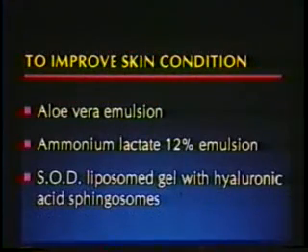When we mention skin condition improvement, we refer to its humidification. In those cases, we use an aloe vera or a 12% ammonium lactate emulsion or a liposome gel with superoxide dismutase acting against free radicals with hyaluronic acid sphingosomes because of their humectant capacity.